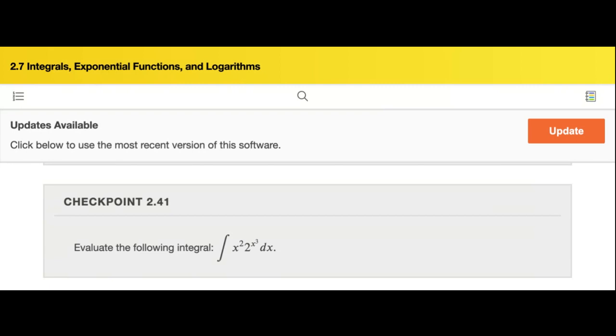Okay, looks great. Yes, 2 raised to u, where u is x cubed.